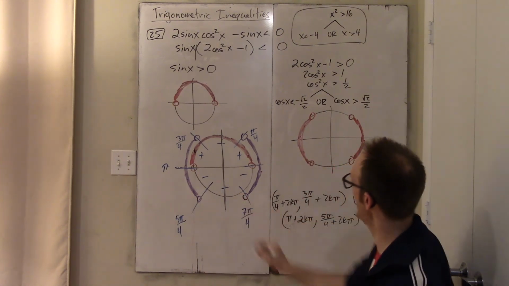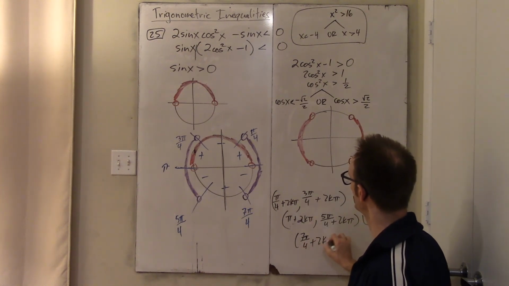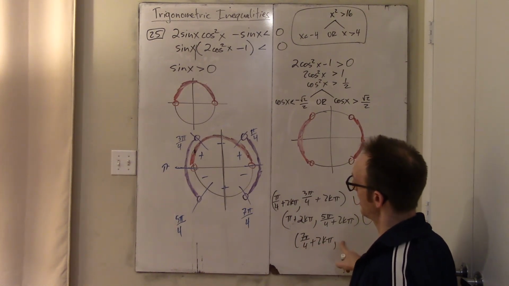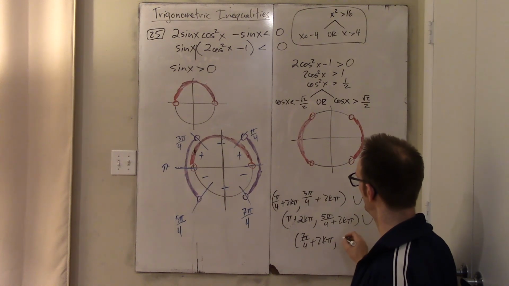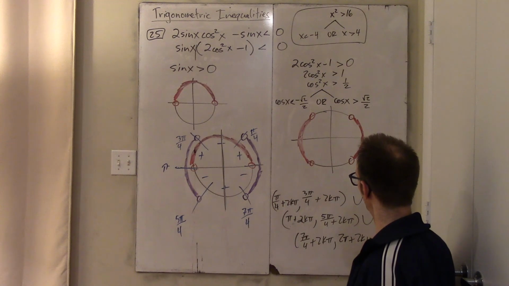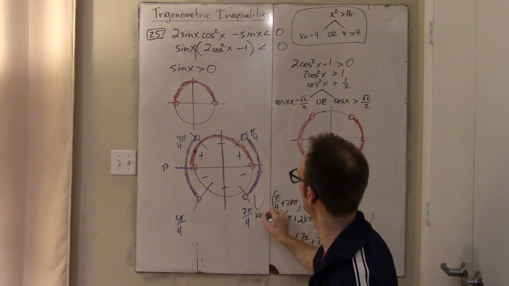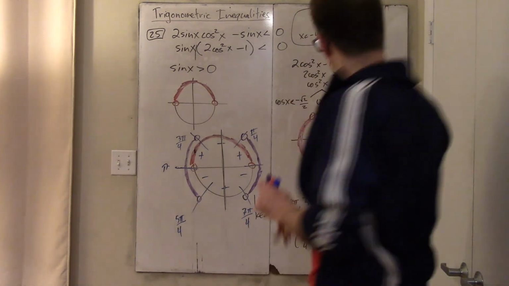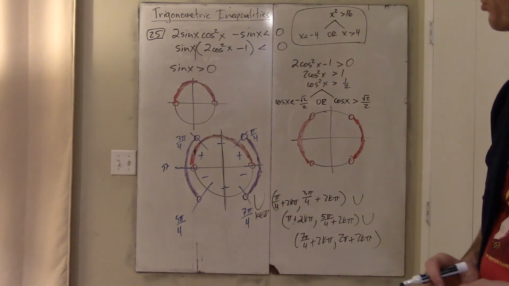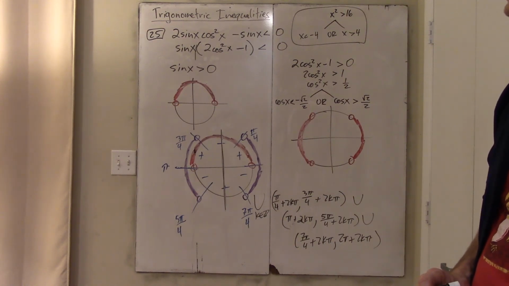And I'm negative from 7 pi over 4 plus 2k pi to 2 pi plus 2k pi. And then you just union up all of these. All right, so I think that's pretty good.